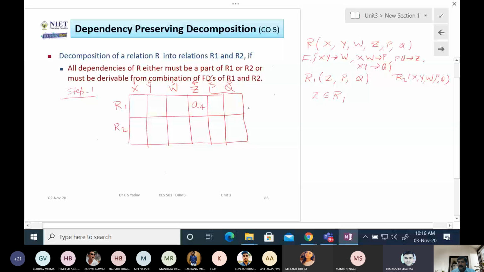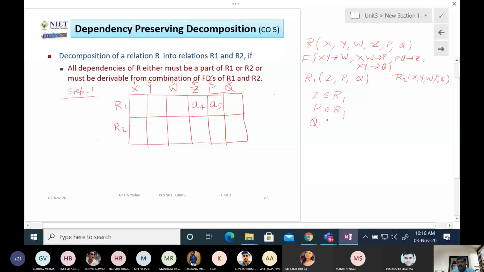Yes, sir. Again P belongs to R1 and P represents column number 5. Then this cell is initialized with A5.